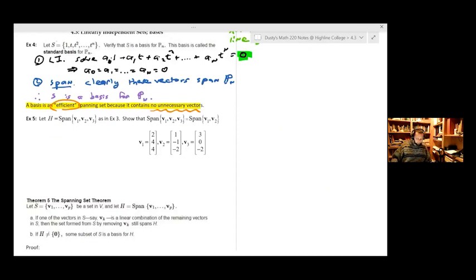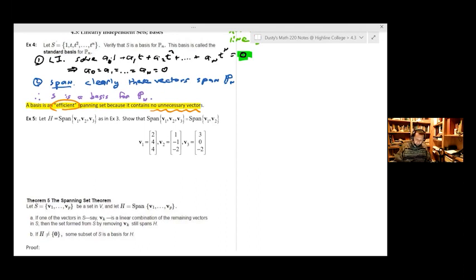I'd like to walk through example 5. So in example 5, we have the question, let H equal the span of V1, V2, V3, as in example 3. And I want to show that the span of V1, V2, V3 is equal to the span of V1, V2.